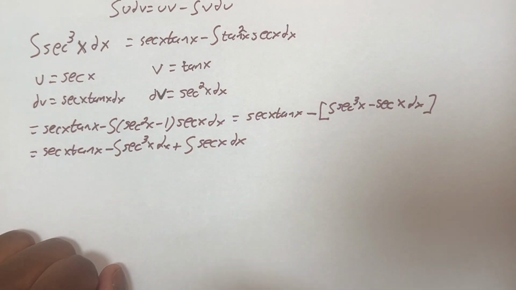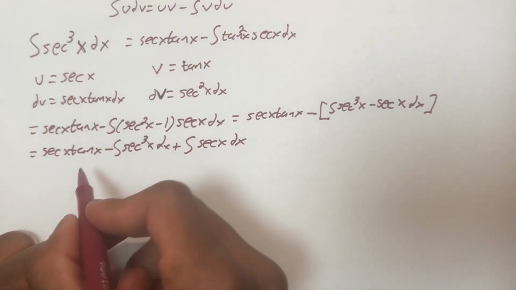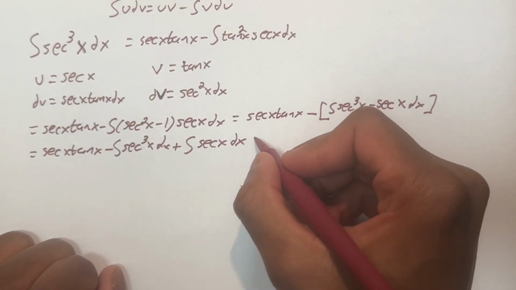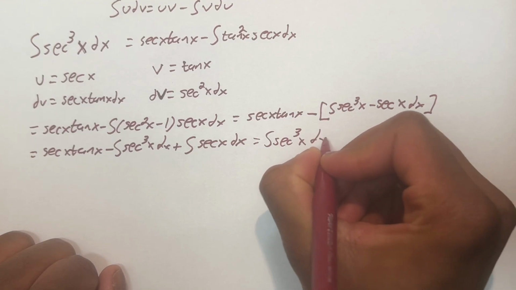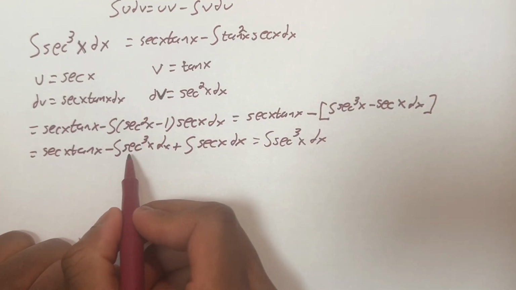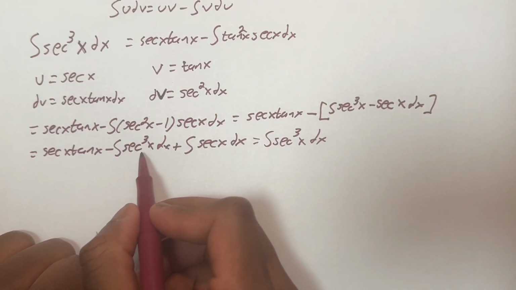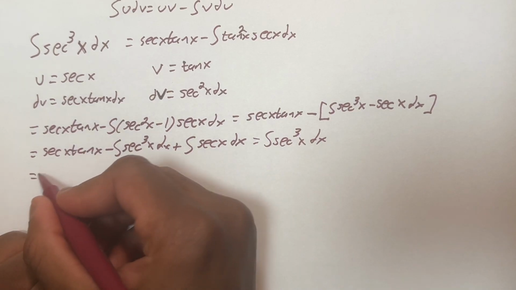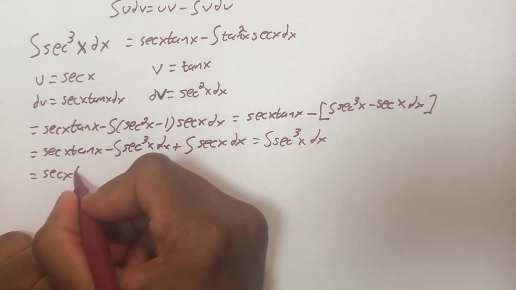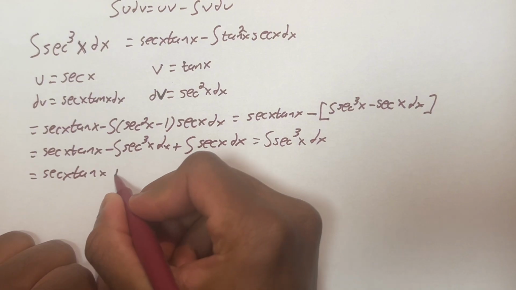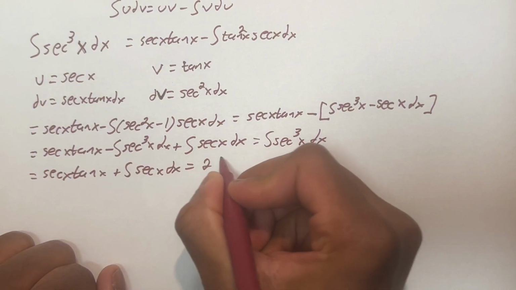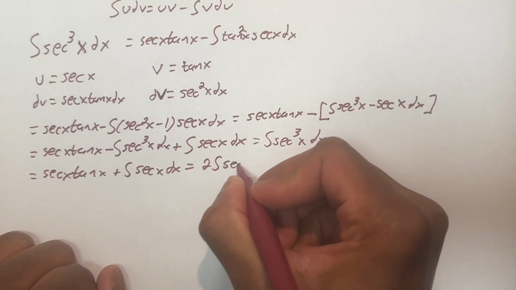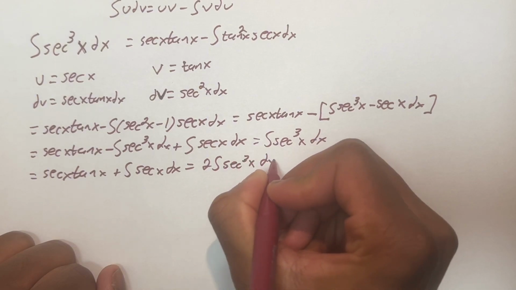Now, there's something very interesting we could do here. We know all of this obviously equals our integral of secant cubed x dx. So if we have a secant cubed x here, and we add it to both sides, what we get is two times the integral of secant cubed x dx.